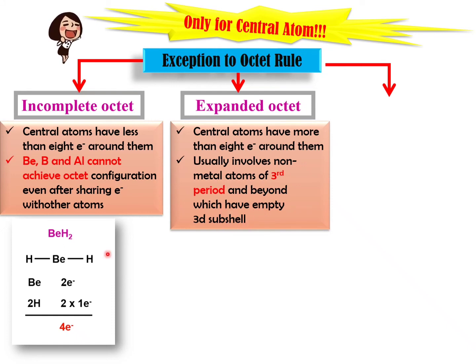Okay, senang cerita, yang boleh buat expanded octet adalah element in period 3 and above. Maksudnya element in period 3, period 4, period 5, biasanya dia boleh buat expanded octet sebab dia ada 3D subshell. So you all dah belajar apa itu 3D subshell dalam chapter 2.